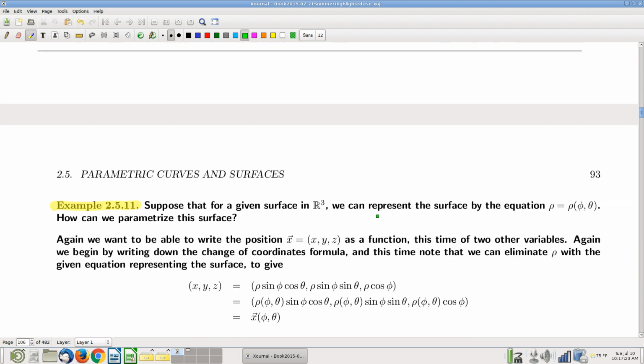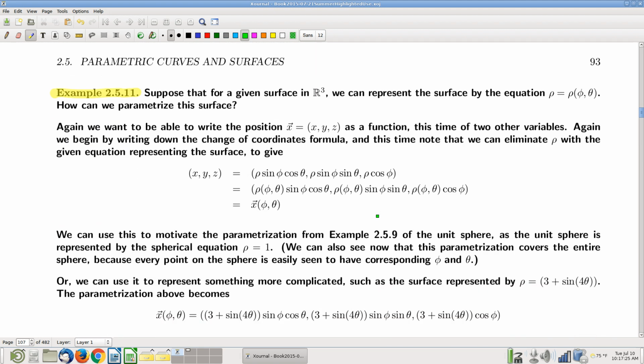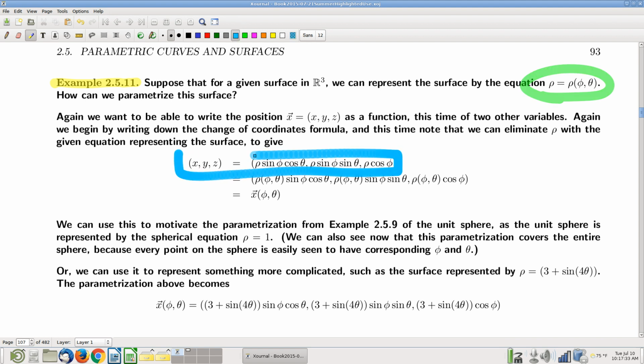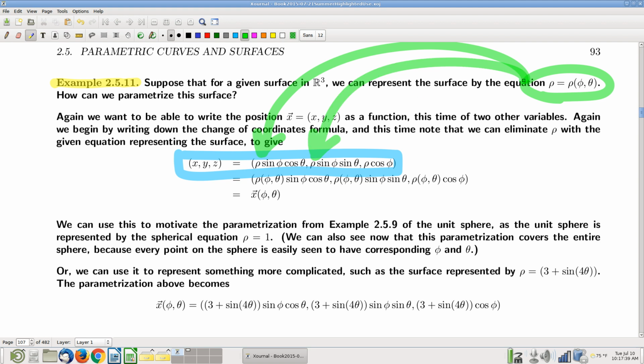Okay. There's an example along these lines with spherical coordinates. Suppose rho is a function of phi and theta. Well, take your plain old, regular, good old spherical coordinates formulas and then just plug in rho in terms of phi and theta.